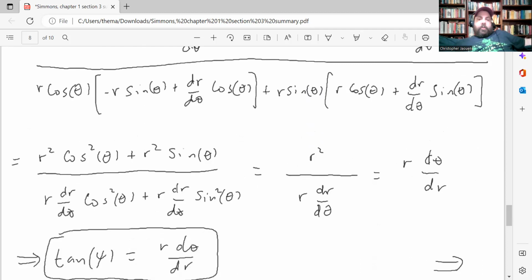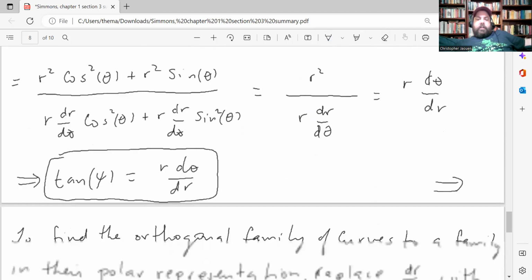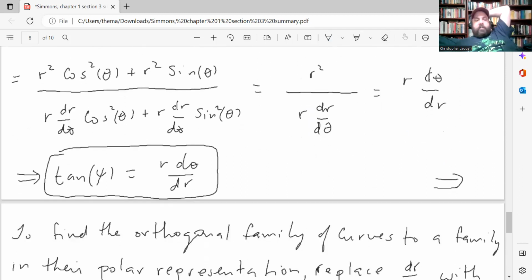And when you do all the simplifications, you get a very nice simple expression for tangent of psi. So tangent of psi is equal to r d theta over dr, right? Which is a lot nicer than the formula that we had.